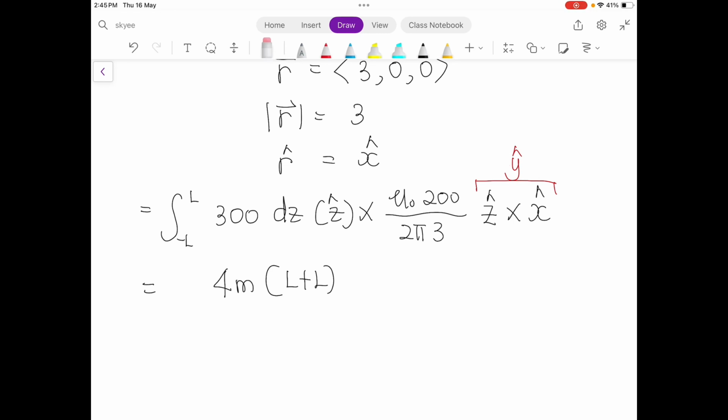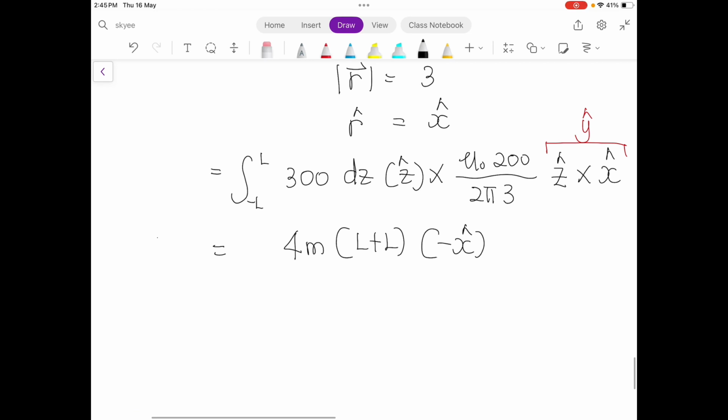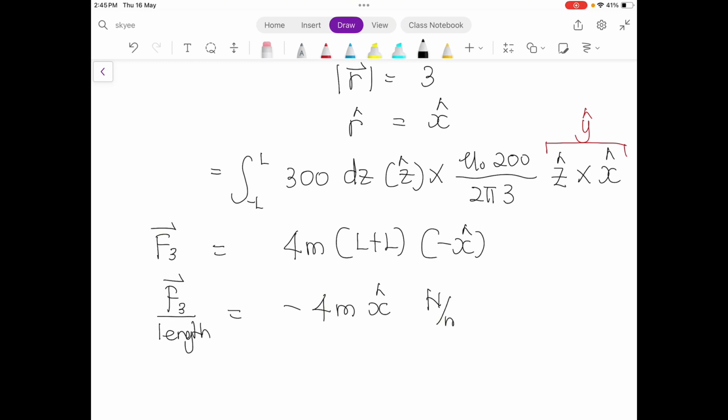Z cross y gives negative x. So this is your F3. So F3 over length would be negative 4 milli x Newton per meter.